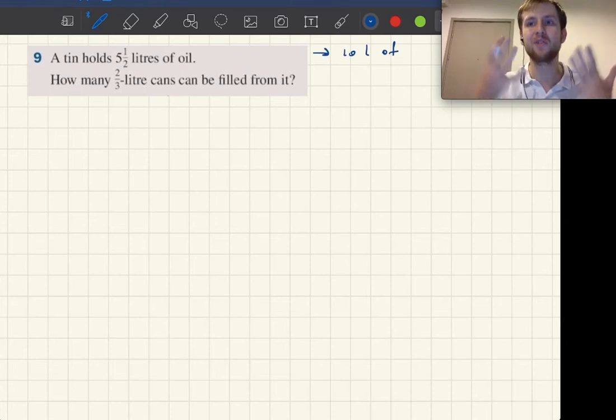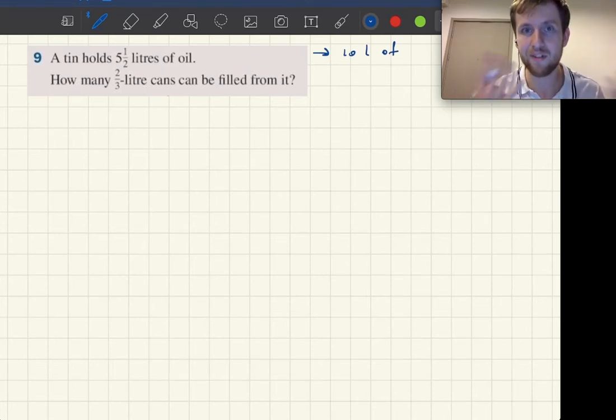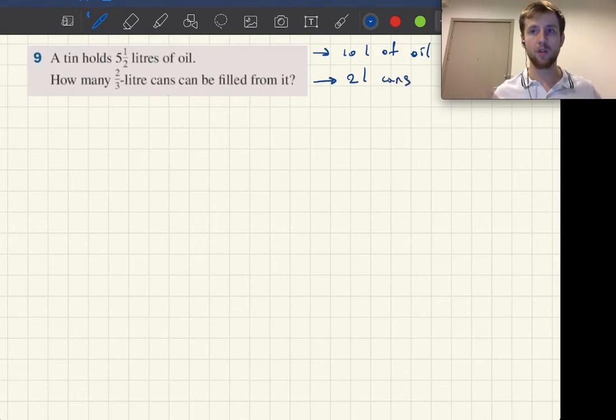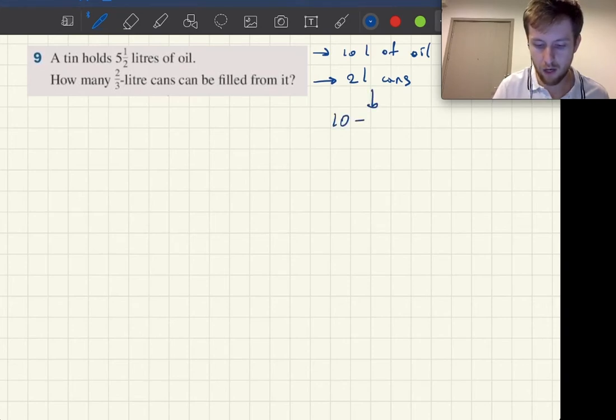So what I'm trying to do is give you an example which has easier numbers. And if numbers are easier, then you can just logically solve it. So let's say there's 10 liters of oil, and let's say it's 2-liter cans. So in this case, you know what you need to do, right? You have to do 10 divided by 2.